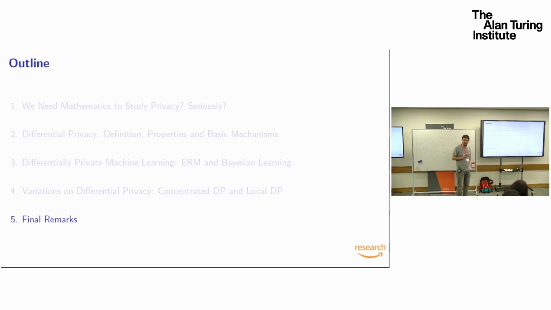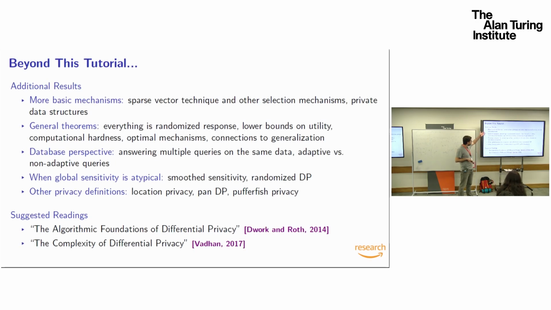Okay, the worst is over, no more math. So I'm just going to do some final remarks, and I would like to start by saying all the stuff that I didn't include in the tutorial that I think is important, or that is worth looking at as part of the foundations of differential privacy.